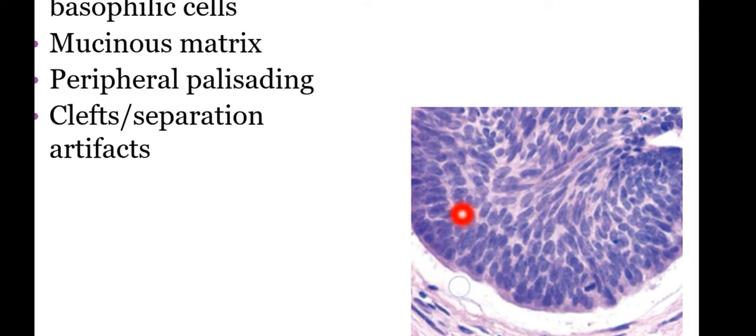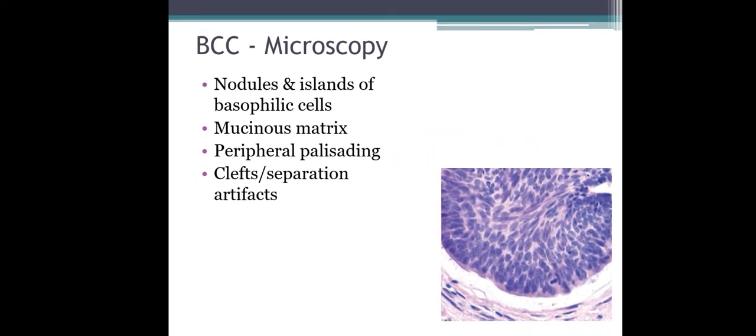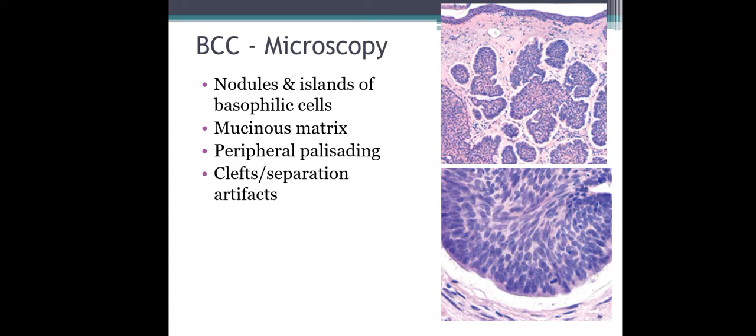So the tumor cells are separated from the underlying dermis by this clear space. This clear space is known as the retraction artifact. Under low power, you can see plenty of these islands of cells with a small clear area surrounding the tumor cells. So those are all the features to note under basal cell carcinoma.